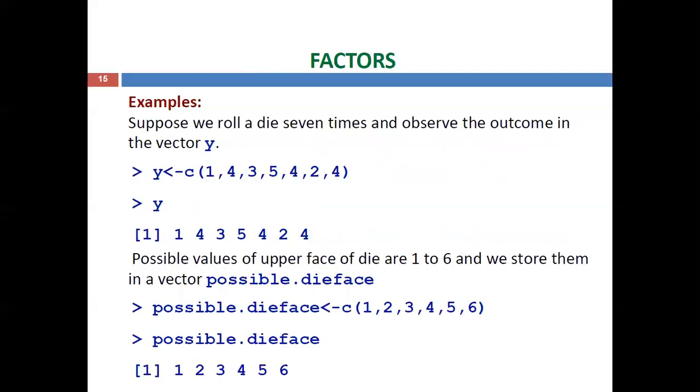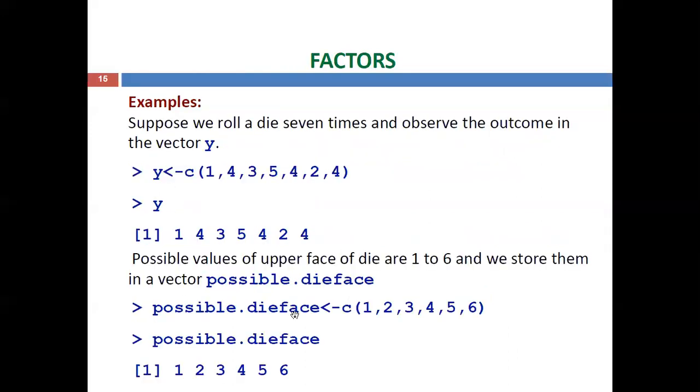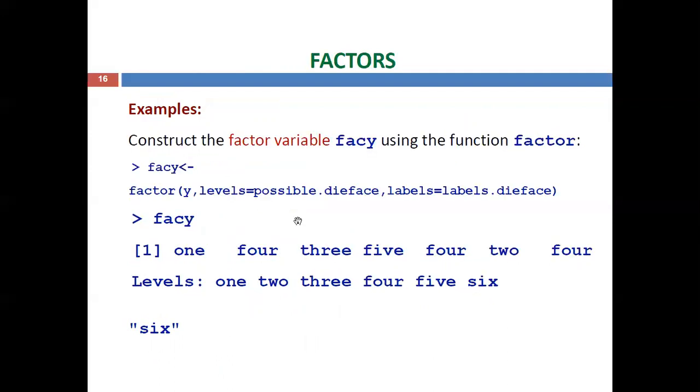So here also you can see, first we stored one vector with a set of values, then a second vector with possible values, where we used all possible combinations. Then the third vector, the labels. Now we have 3 different names: y, possible.dieface, and labels.dieface. Using all these, we will now demonstrate the factor.